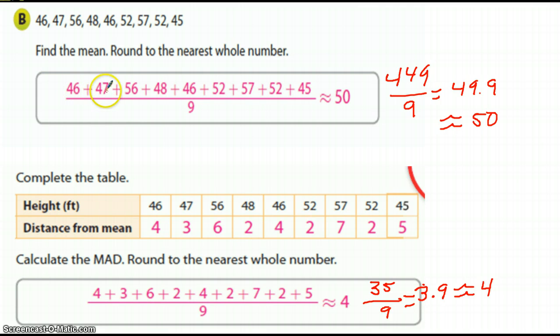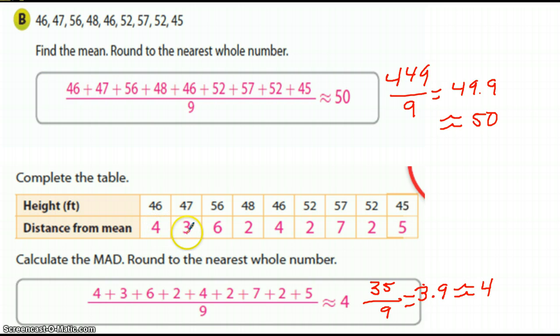Well, if you add 46, 47, 56, 48, 46, 52, 57, 52, 45, you'll get 449. You have 9 data points. Divide by 9, you'll get 49.9. 0.9 is greater than 0.5. Let's round up, and we get approximately 50. So now we go down and subtract 50 from each one of the points.